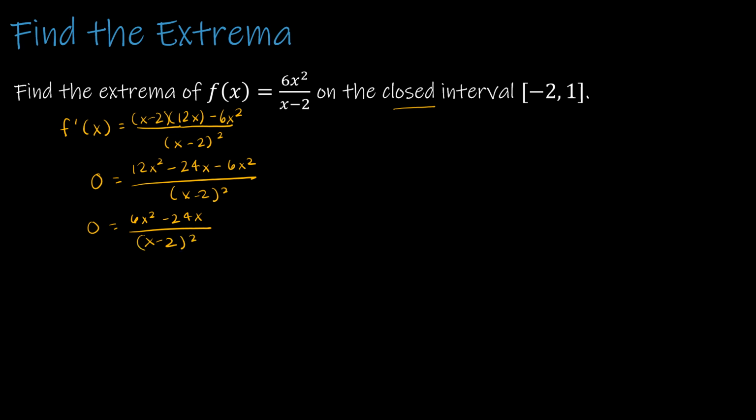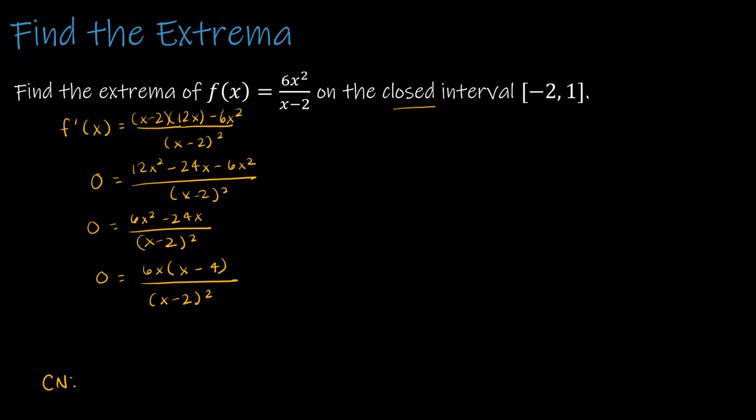I'm going to go a step further and say that's 6x times x minus 4 over x minus 2 quantity squared. So again, what are the critical numbers?